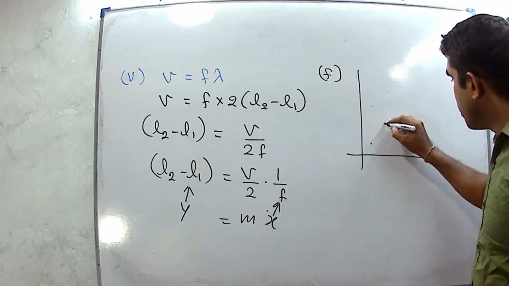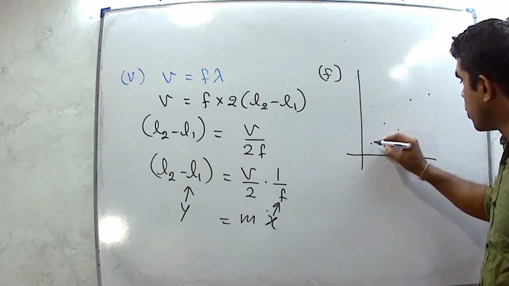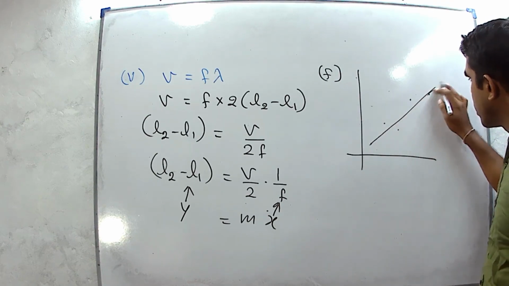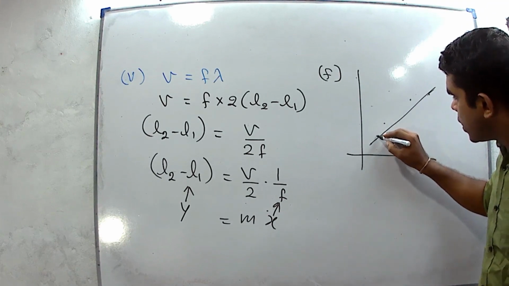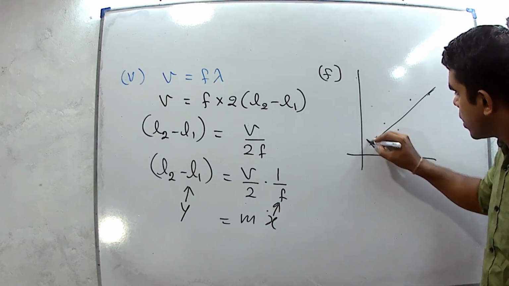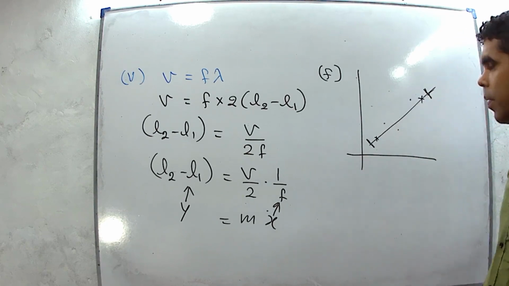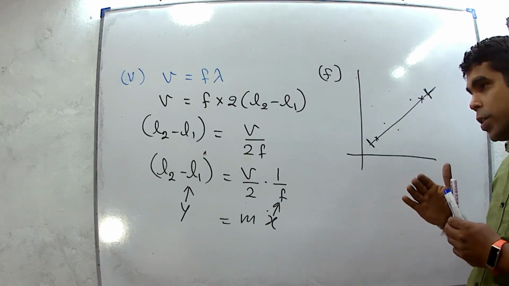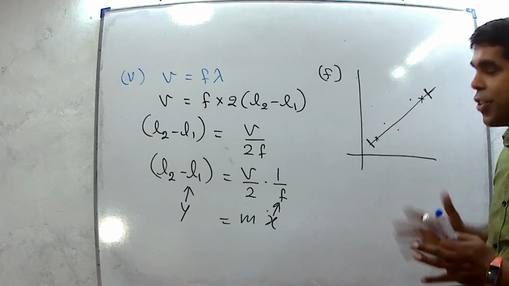I will explain it like this. If there are points in the graph like this, we have to draw the suitable straight line. And we have to get 2 points between this one and this one. And third one is we have to get 2 points with a maximum separation.